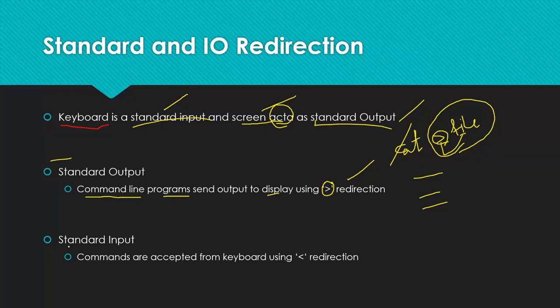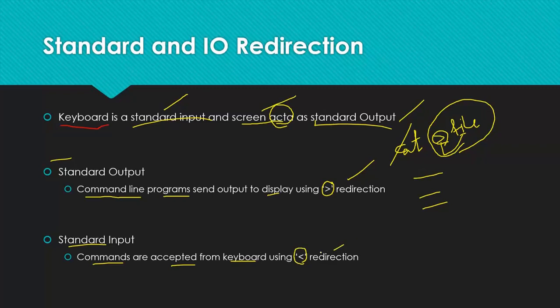When you consider standard input, it is nothing but the commands we are going to execute. Those commands will be accepted from the keyboard. The keyboard is going to provide the commands by using which we execute them. There we use a symbol like this, which is used for reading input.